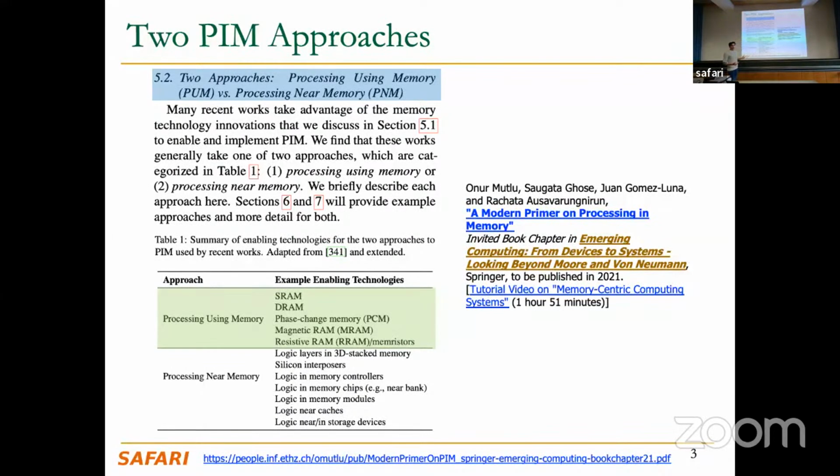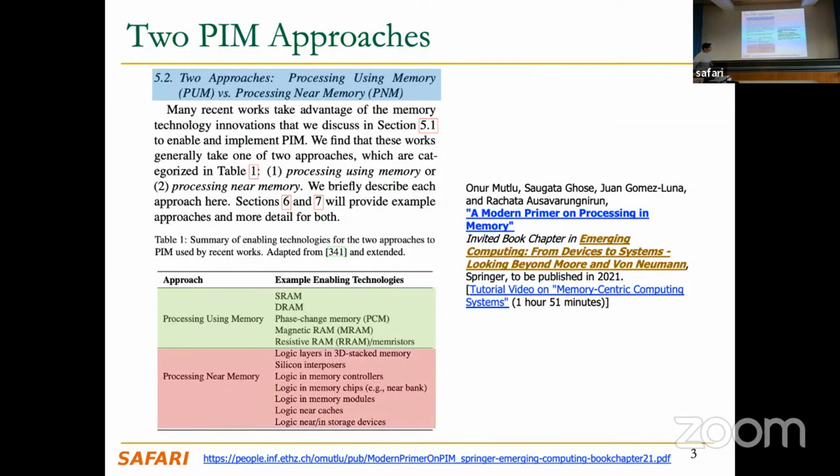In fact, we briefly explained a couple of examples for phase change memory and other types of non-volatile memories that can be leveraged to create a crossbar that computes dot product operations and matrix operations that can be useful for machine learning, neural networks, and these sort of applications. And these can be done with any of these memory technologies.